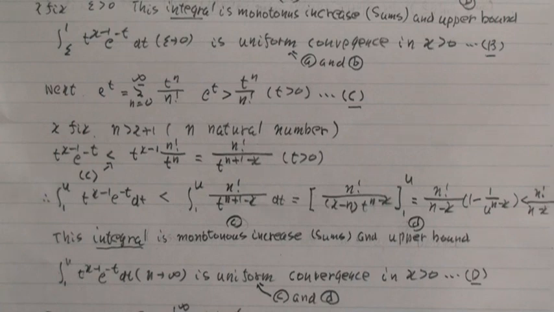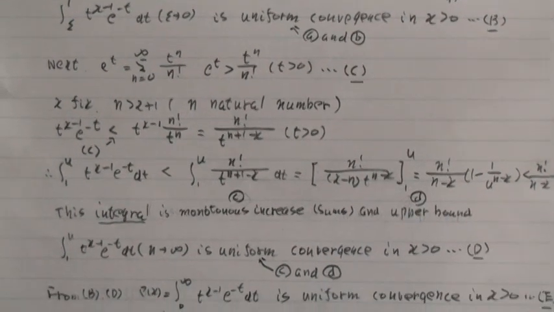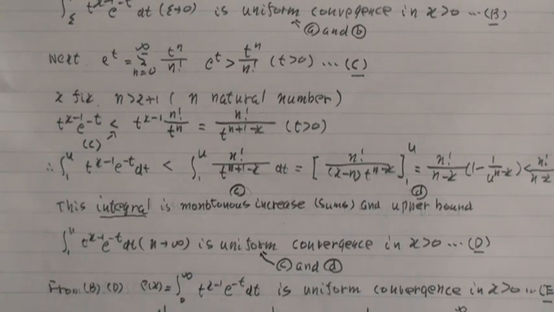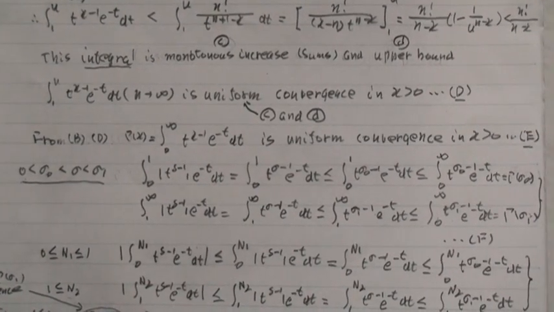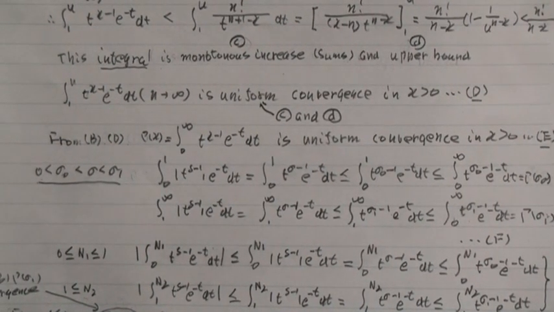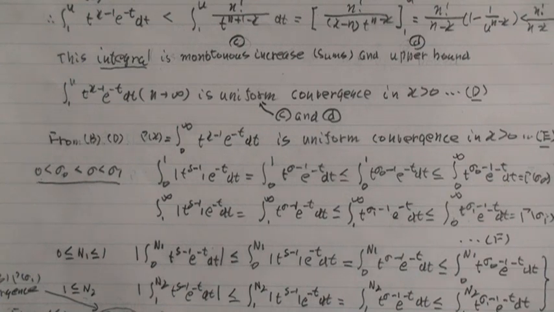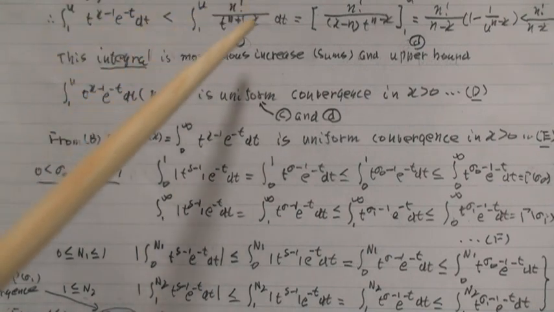And then the integral from 1 to u of t^(x−1) e^(−t) dt is smaller than the integral from 1 to u of n!/t^(n+1−x) dt.